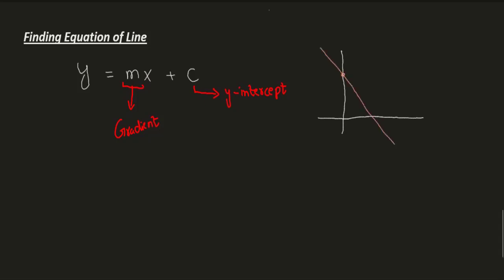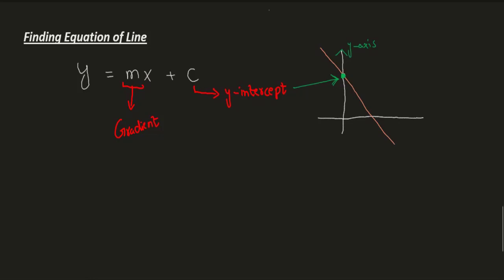The point where the line cuts the y-axis is known as the y-intercept. So the y-intercept is where the line cuts the y-axis, and that is known as c.